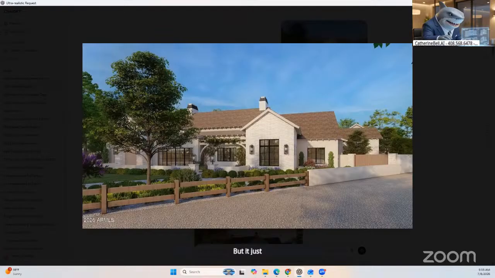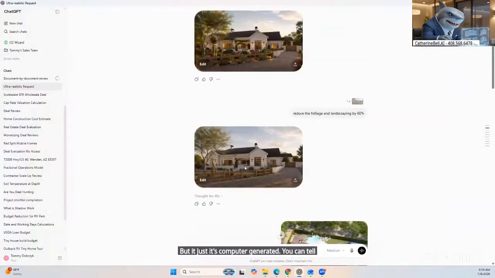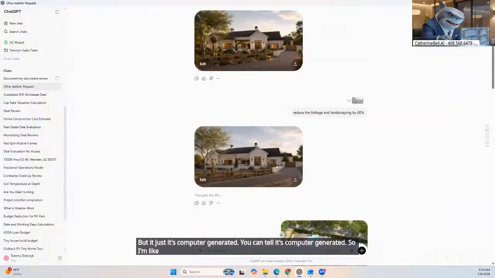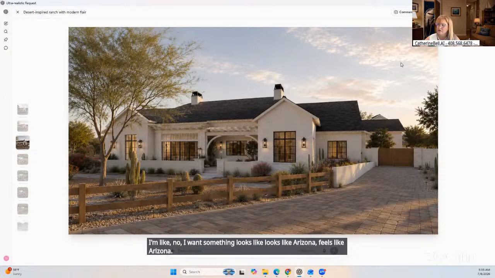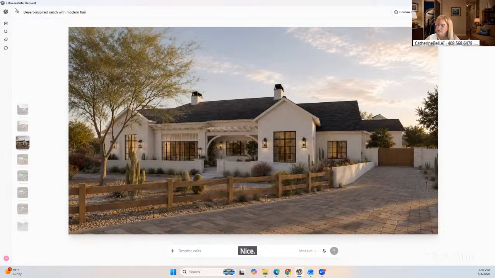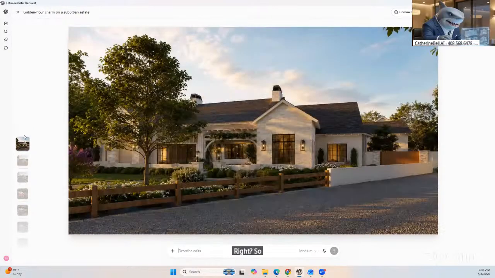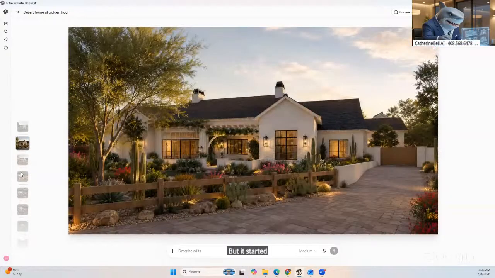It's computer generated. You can tell. So I said I want something that looks like Arizona, feels like Arizona, brand new. It started there, went to there, but it was too much Arizona on this one.